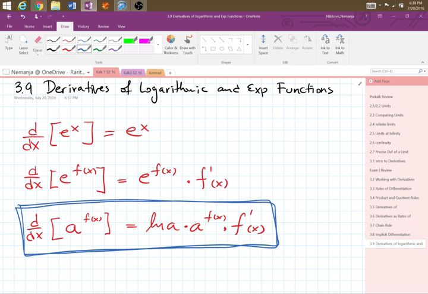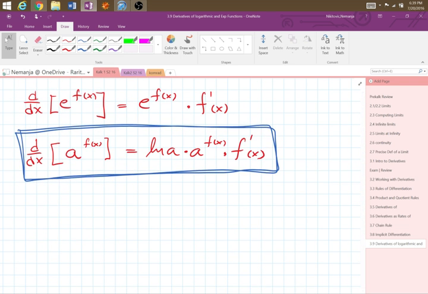It doesn't show up in Calc 2, Calc 3. It might show up maybe once or twice in differential equations. But it's not a result that you have to use on a regular basis, and you can review it and look up the reference. But you need to know it now. That's the first part.